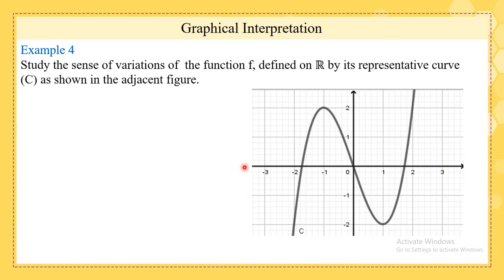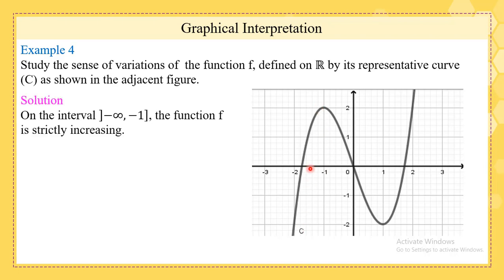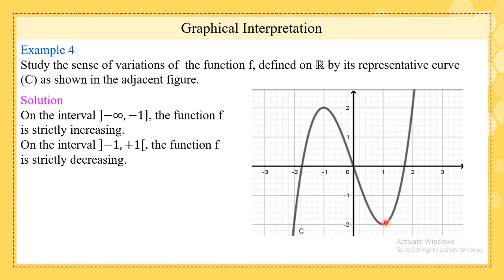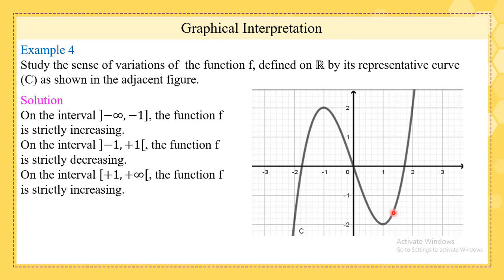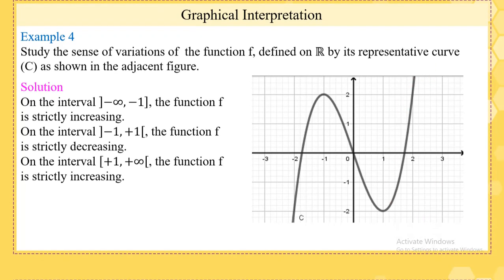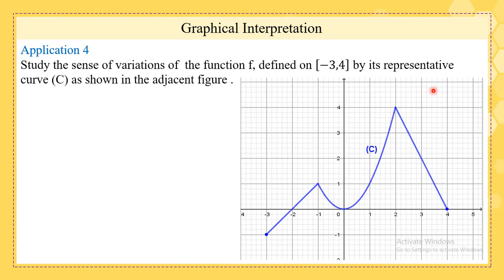We say that from minus infinity to x equal minus 1, the function is increasing. And from minus 1 till 1, the function is decreasing. Then from 1 to plus infinity, the function is again increasing. Please stop the video and try to solve the application.